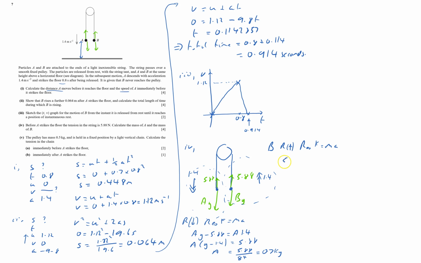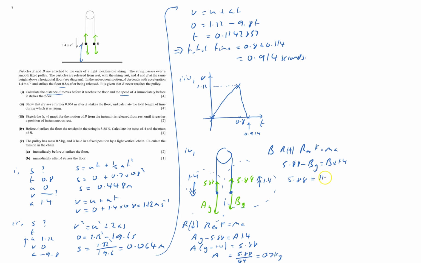Going upwards I've got 5.88 minus BG, and that will equal B, the mass of B, times acceleration 1.4, and that will give me 5.88 equals 11.2 B, so B equals 0.525 kilograms. So those are two things there.